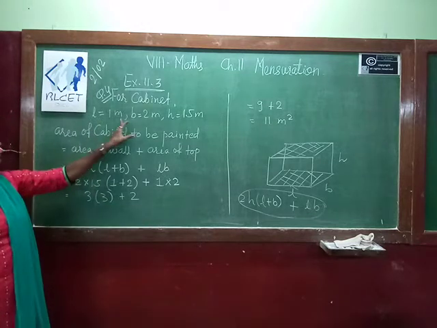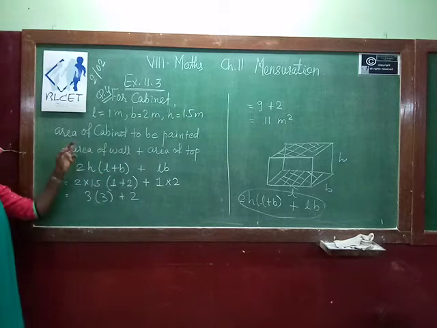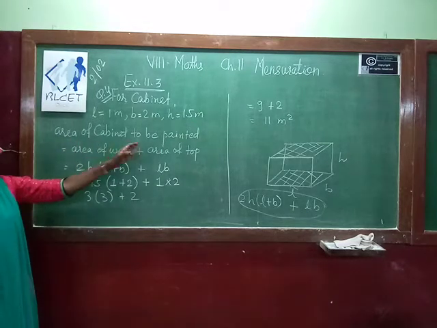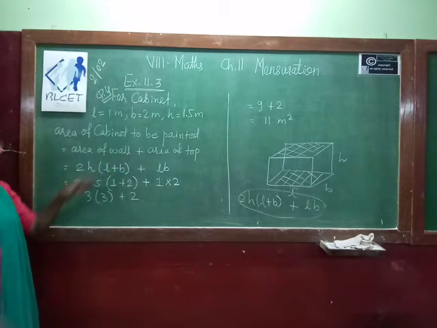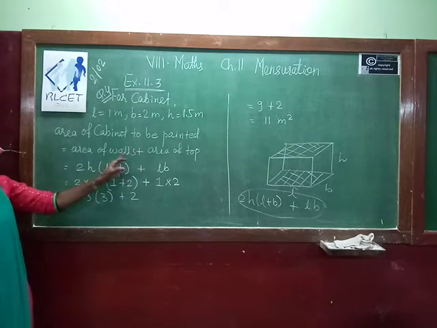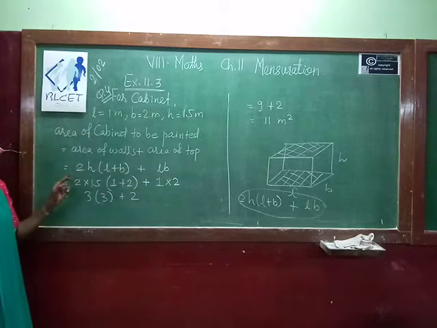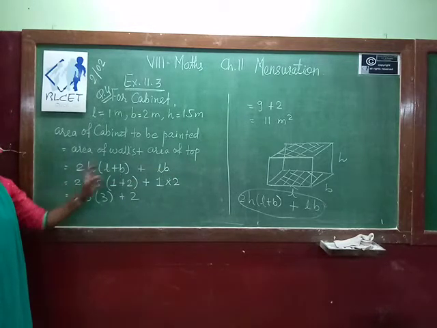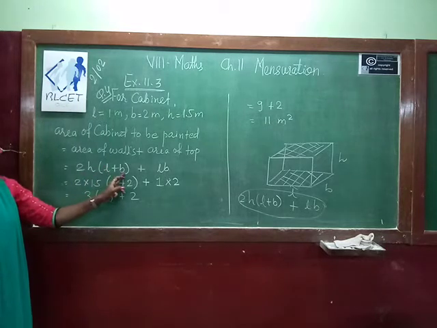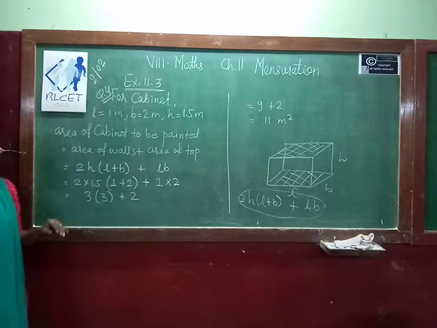So length is given 1 meter, breadth is given 2 meter, height is given 1.5 meter. Now area of the cabinet to be painted is equal to what? Area of walls, or you can say area of lateral surface plus area of top. We are not painting the bottom portion. So area of wall, that is 2H(L plus B), plus area of top, that is L into B. We use this formula to find the answer.